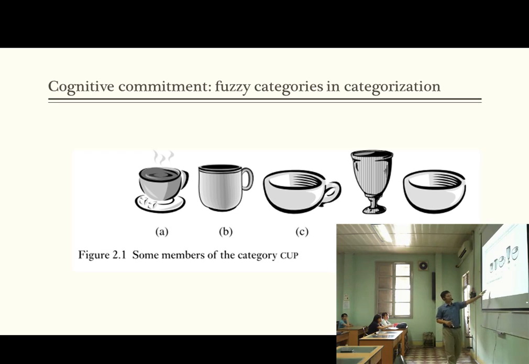Now, cognitive linguistics says that in all categories we have typical members and not very typical members. The typical members have most of the core characteristics, while the peripheral members have some of the characteristics missing, but still share some key characteristics.